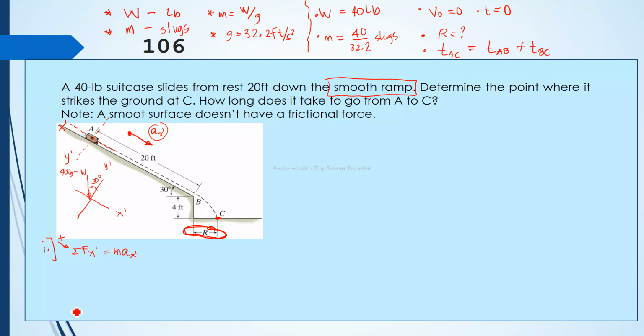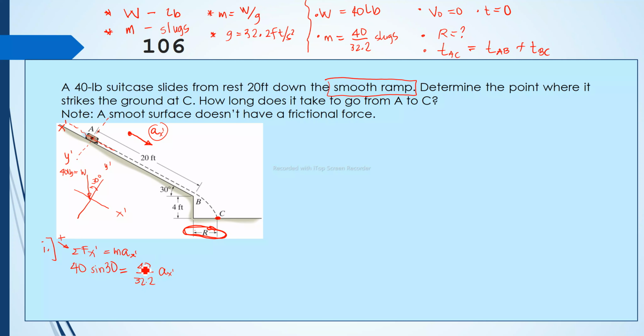So what do we have? The x prime component of the weight is 40 pounds sine 30, which is equal to the mass, 40 over 32.2, times the acceleration along the x prime.